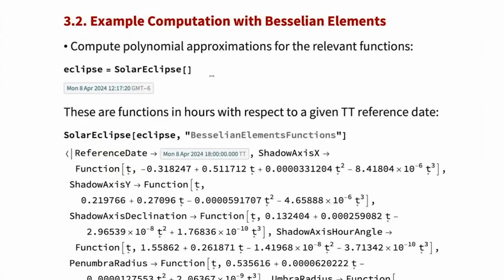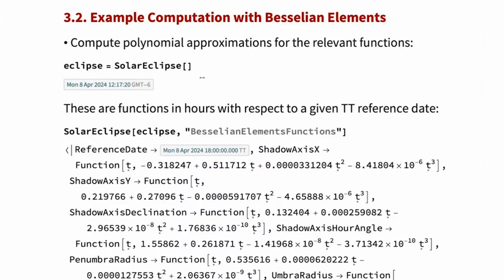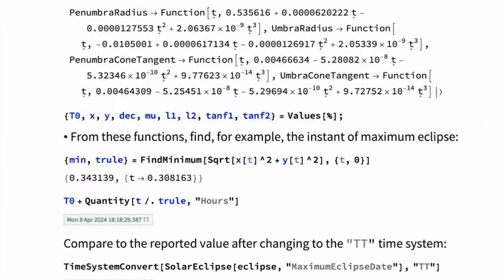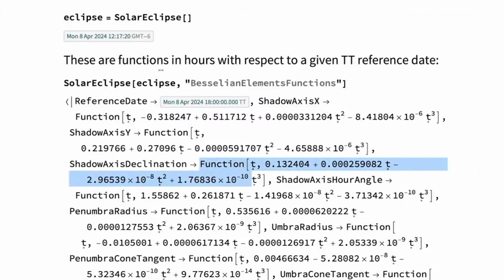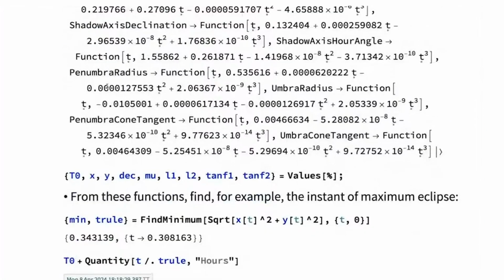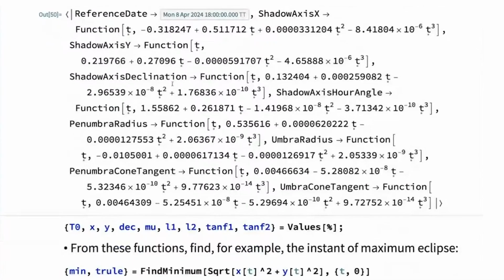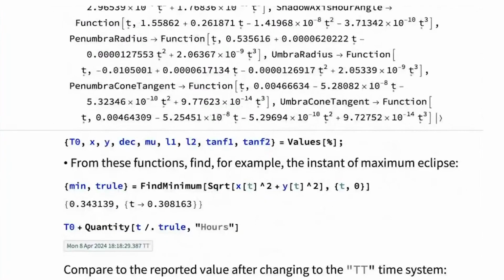And yeah, so here I leave as an exercise for those of you downloading the notebook, how to compute one of the properties, namely the moment of maximum eclipse, right? So these are just the Besselian element functions, of course, reported by the SolarEclipse function. And then we get these functions as a function of time. This is time in hours from the maximum.